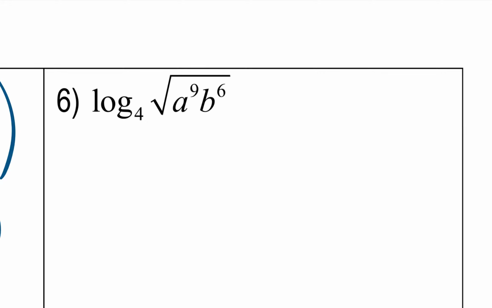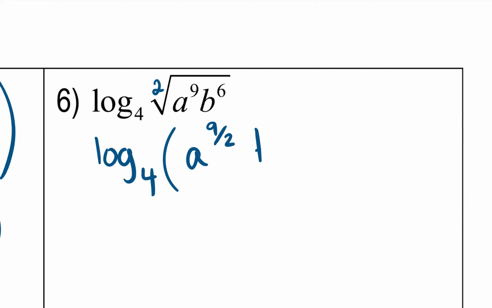So to me, the easiest way is just knowing what the index is. And remember, if I don't have an index, it's 2. So when I rewrite this, I'm going to rewrite as log 4, and then I'm going to just divide each exponent by the index. So a 9 over 2, b 6 over 2.